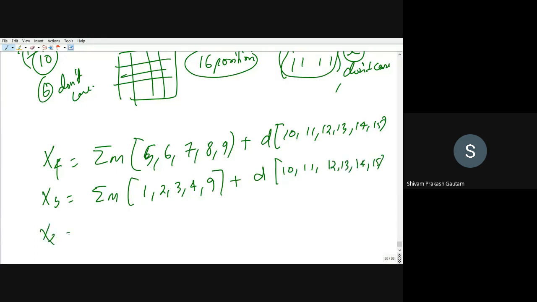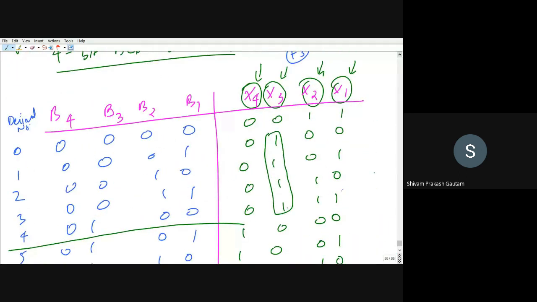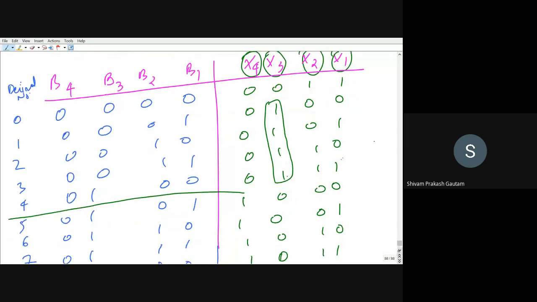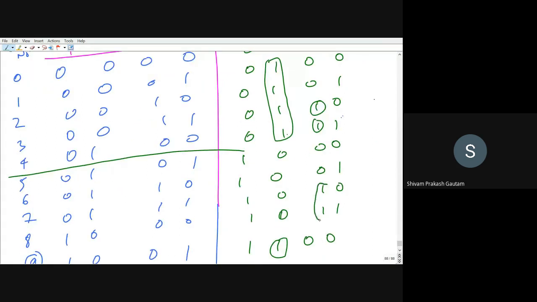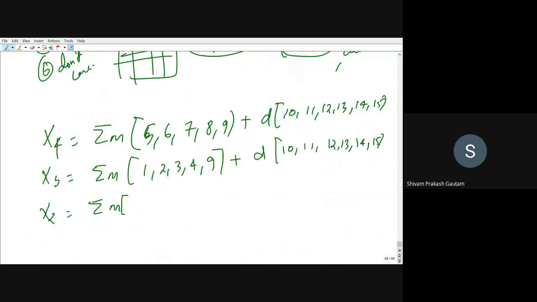Similarly for X2, the min terms are: 0, 3, 4, 7, and 8. And the don't care will be the same, 10, 11, 12, 13, 14, 15.